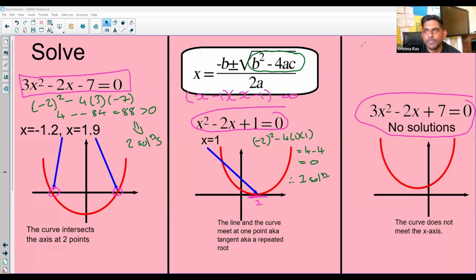If we do this one, b squared minus 4ac, we have minus 2 squared minus 4 times 3 times 7, which is 4 take away 84, which is clearly less than 0. Therefore, no solutions, i.e. the curve does not meet the x-axis.